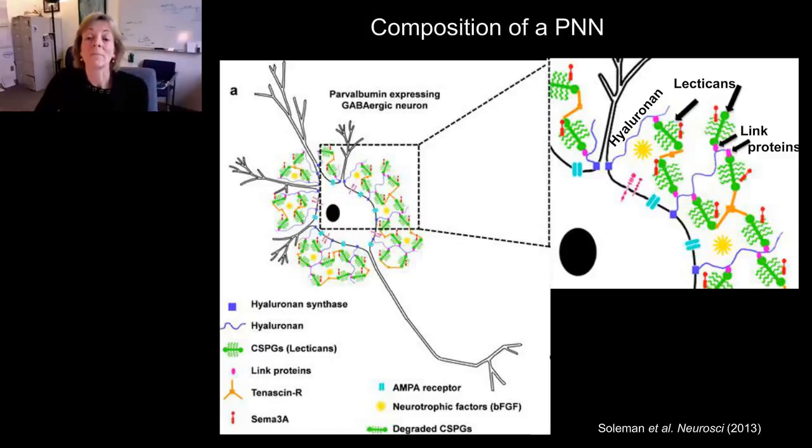The third group of proteins that's important are called link proteins. Those are shown in pink here, these pink dots, and those link the lecticans to the hyaluronan backbone. And then fourth and finally is tenascin R. Tenascin R are other proteins that bind to the opposite end of the lecticans and together form this whole lattice-like structure that wraps around these neurons.